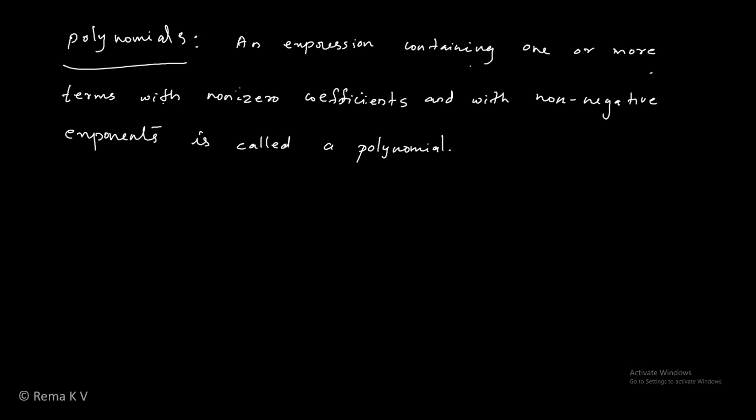Now you know what are coefficients. So the coefficients must not be equal to 0. Non-zero means they are not 0. Okay, non-zero coefficients and with non-negative exponents. Exponent means power of the variable. For example, it should not be like this, x raised to minus 2. The power is negative 2. This is not a polynomial. Okay.